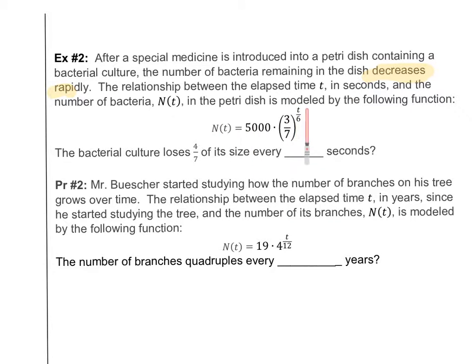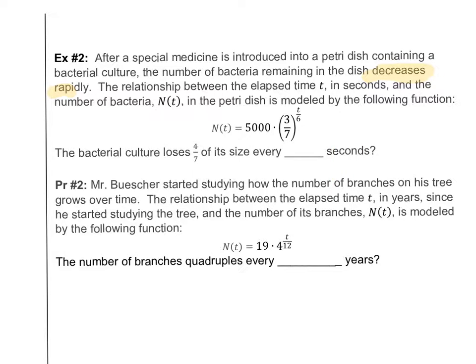Okay, so now we have something a little bit more complicated going on here. N of t equals 5,000 times 3 over 7 to the power t divided by 6. See, so we have an a value of 6 here. That's important. We'll talk about what that means. The bacterial culture loses 4/7 of its size every what? Okay.